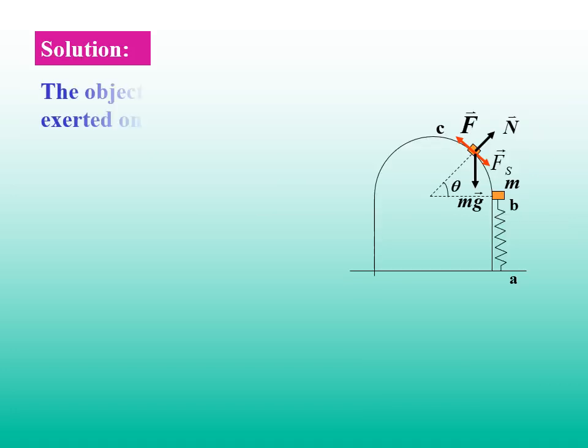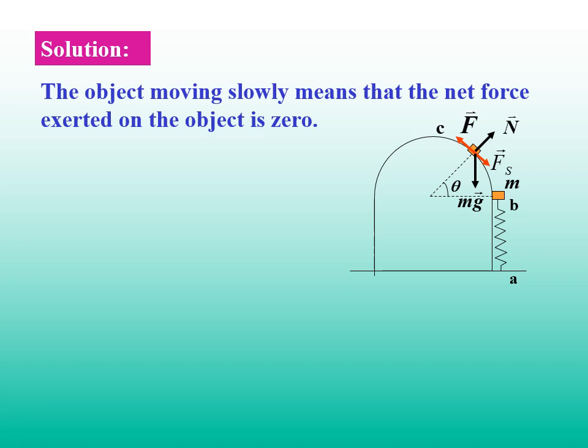The object moving slowly means that the net force exerted on the object is zero. F minus mg cosine theta minus kr theta equals 0. So F equals mg cosine theta plus kr theta.